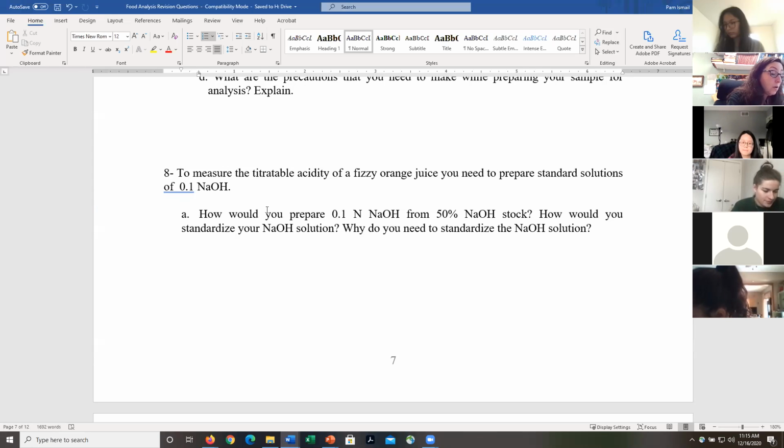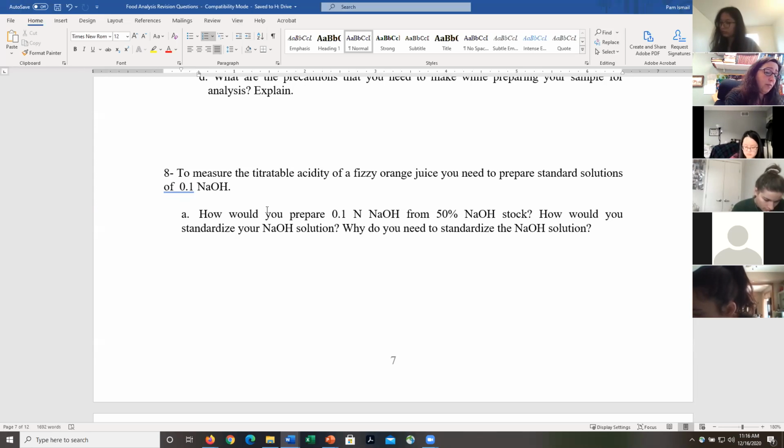Okay, so now you get the number of moles of this solution. That means I have 500 grams. I will definitely give you the molecular weight of NaOH, so it would be 40 grams. So you divide 500 grams by 40 grams.